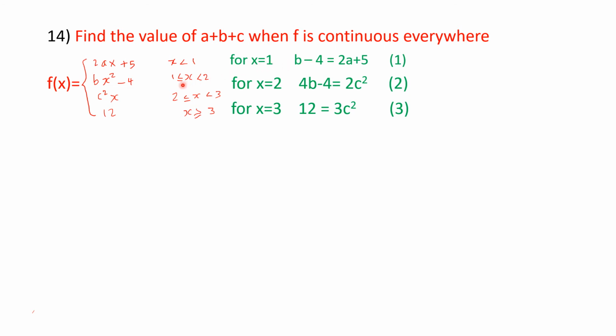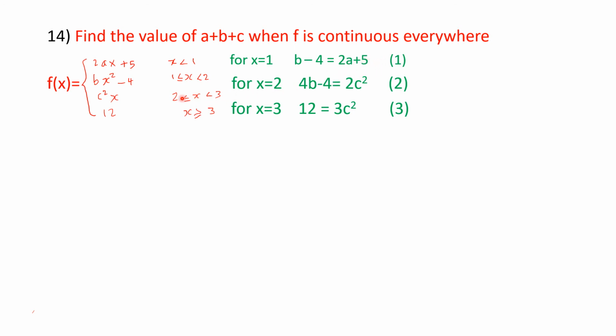Since we have x less than 1 over here and x greater than or equal to 1 over here, that means we have to plug in x equal to 1 on the first and the second branches, and that's what we're going to get. b minus 4 equal to 2a plus 5. That's the first equation.